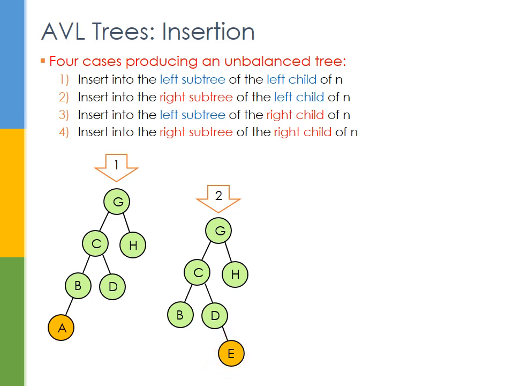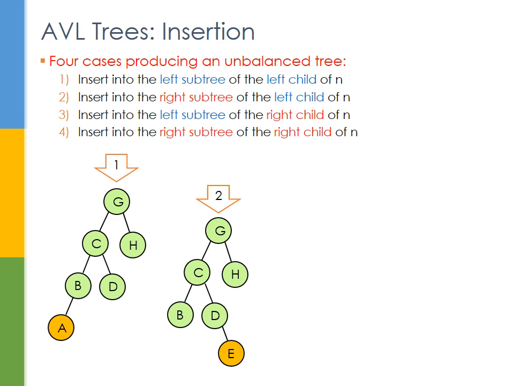Again, we'll update the balance factors all the way up to the root. So we update the balance factors for nodes D, C, and G. We will again see that the balance factors for nodes D and C will still be valid. However, when we update the balance factor for node G, we will get an invalid balance factor.